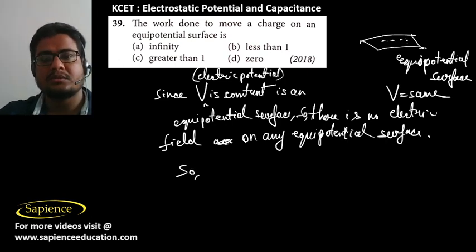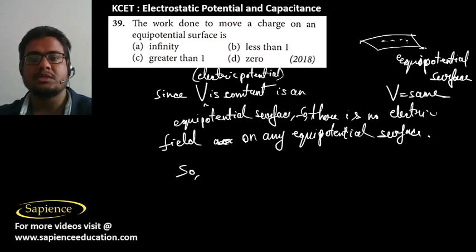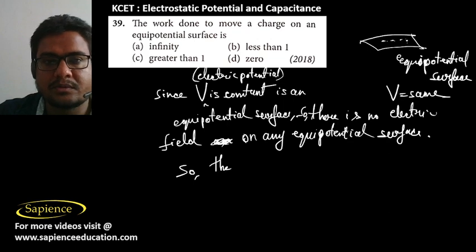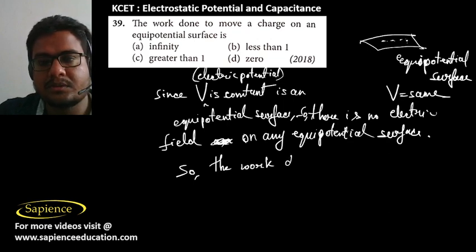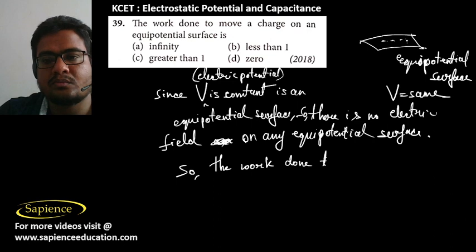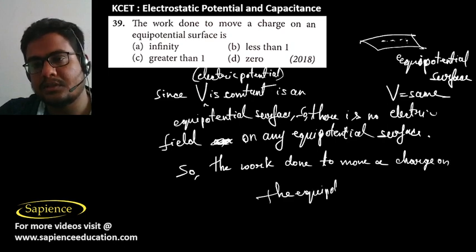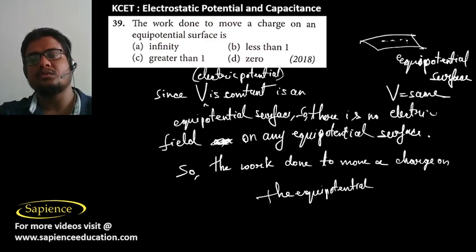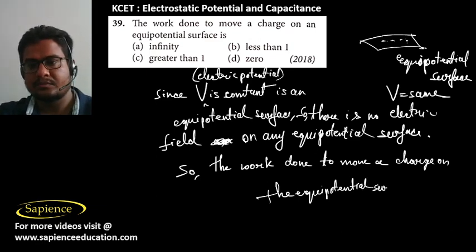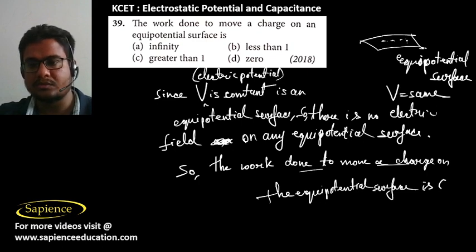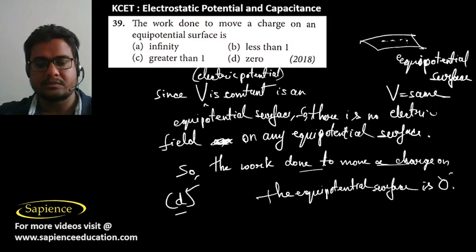So the work done to move a charge on the equipotential surface is 0, since there is no electric field. So option D is the correct answer.